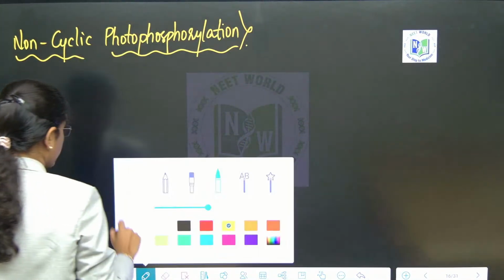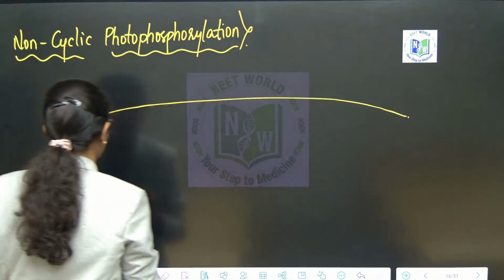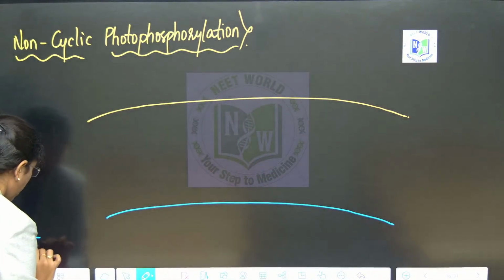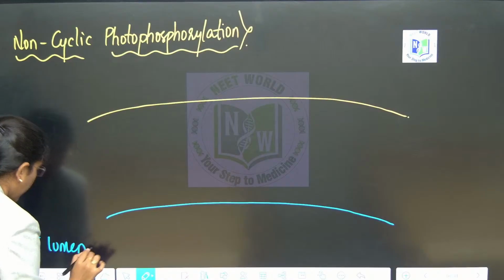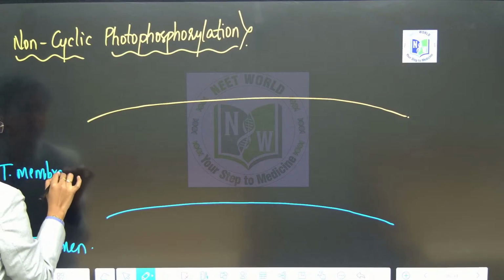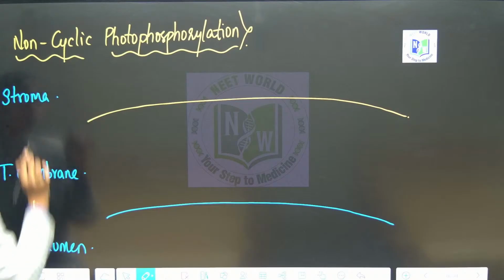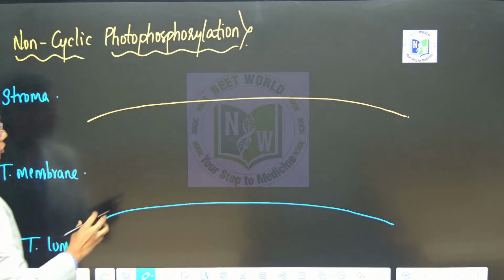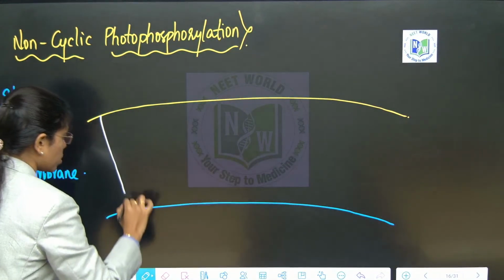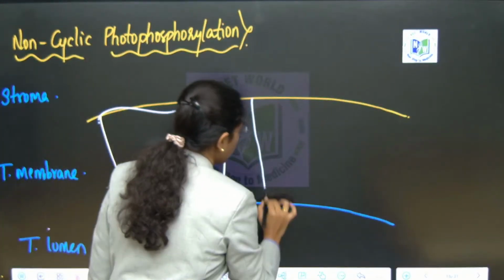So let us assume this is the thylakoid membrane, this is the thylakoid lumen, and this region is stroma. Fine, you are clear with the locations? After absorbing the light and getting excited, here you see, let this be PS2 and let this be PS1.